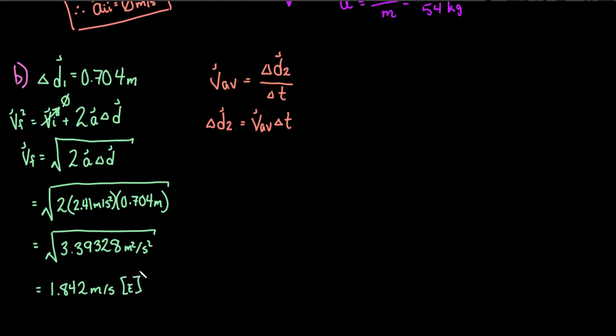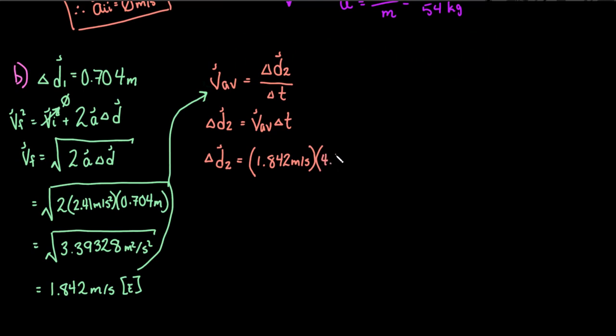Okay, so now we're going to take this velocity that we solved for, and that becomes the velocity that he's traveling at a constant rate for that 4 seconds. And that's what now allows us to solve for how far he moves during that second portion. So we know that average velocity is this final velocity of 1.842 meters per second. And it's going in as positive because it's east.